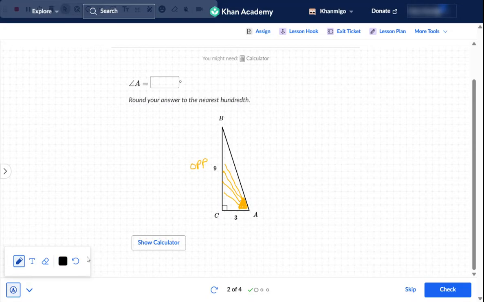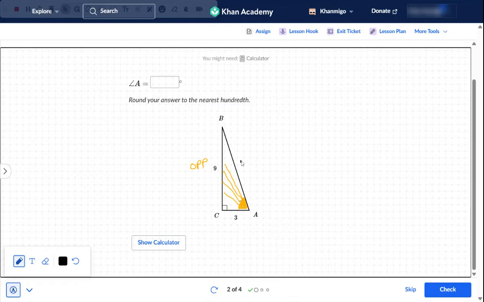We're always going to start by labeling our figure with our trig ratios. What is across from the right angle is the hypotenuse. What's left over? Adjacent. Again, we're always using SOHCAHTOA.